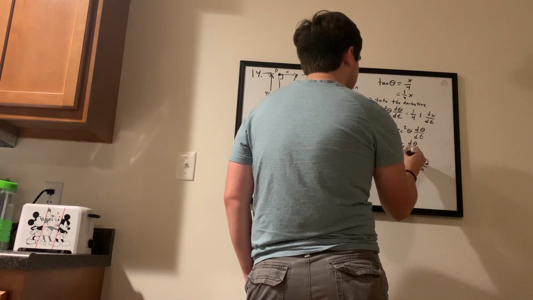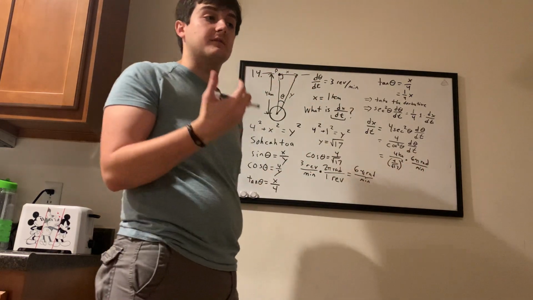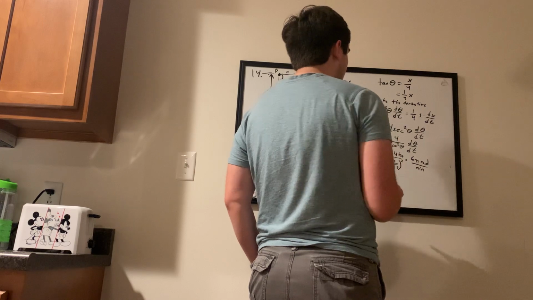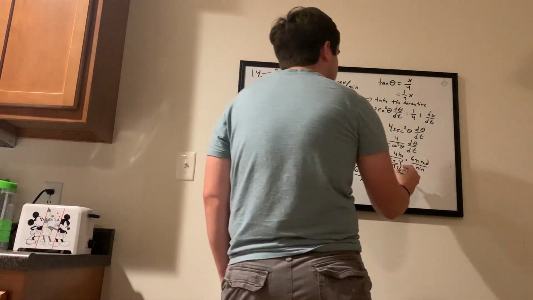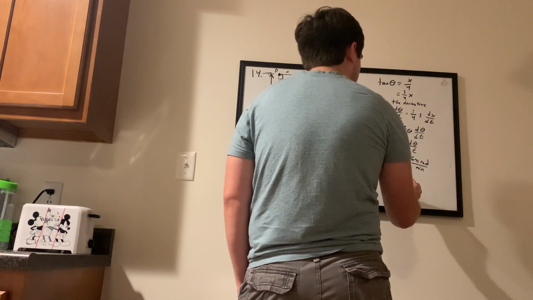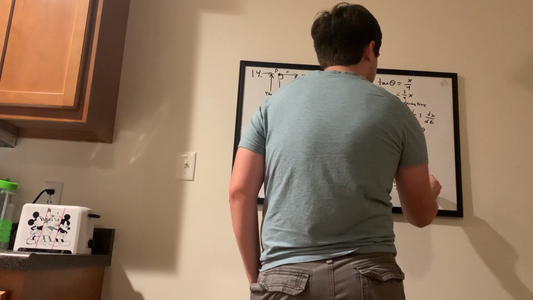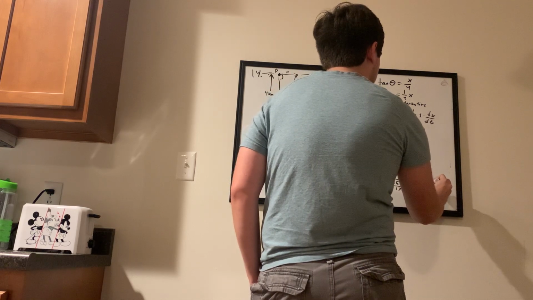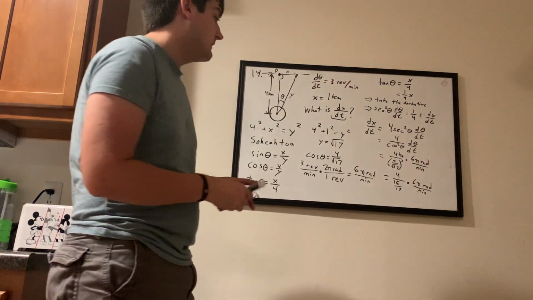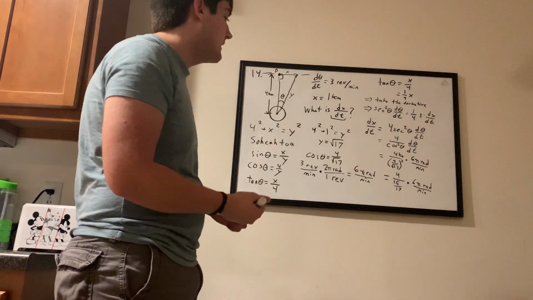Just a reminder that this 4 is in kilometers, and so when we multiply the kilometers by the radians, that will give us kilometers. I'll work out the math a little bit for us. 4 stays the same on top. We get 16 over 17 when we square that, times 6 pi radians per minute.